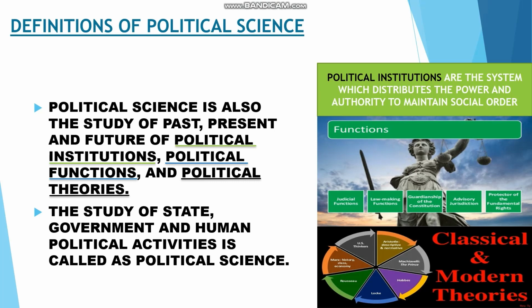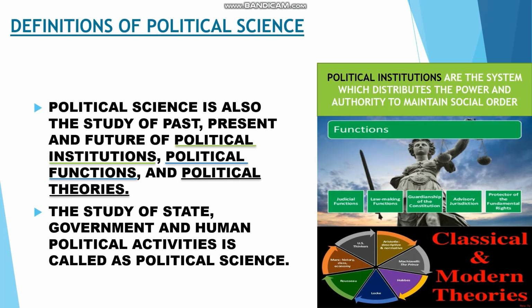And next is political theories. Political thinkers have given a lot of theories about politics. The political theories are the scientific analysis made of political institutions and political events. Understood? These are theories which could be applicable even in the future.